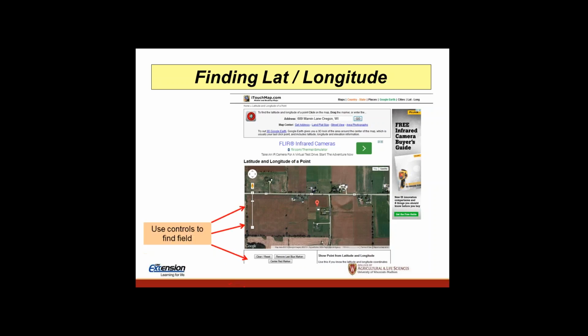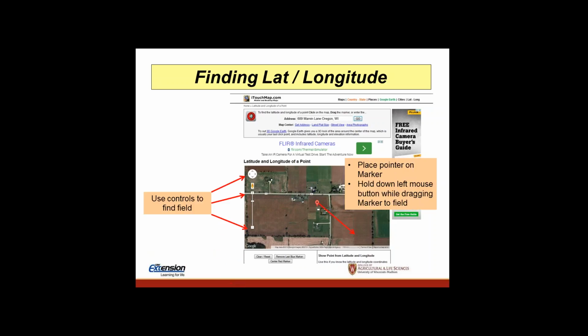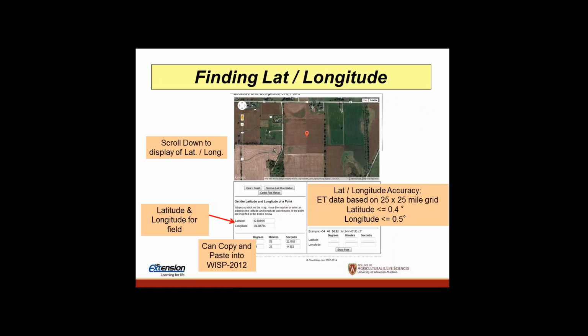All right, let's go back here, and we're going to step through here. It's already showed you how to do that. We've got the latitude and longitude. Now, one of the things about the accuracy of this: the ET data is based on a 25-mile grid. So you really don't necessarily have to be real accurate to get a reasonable ET.